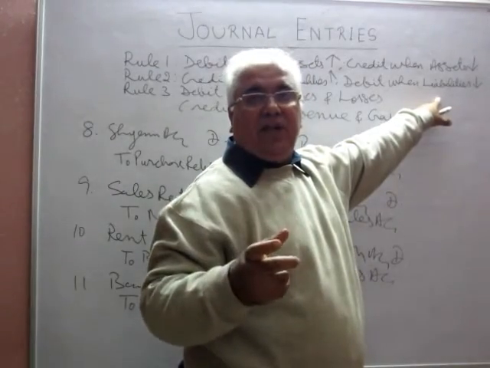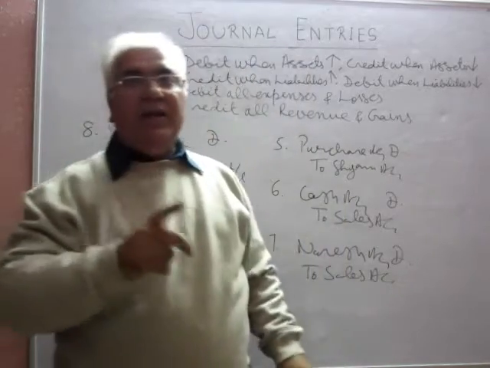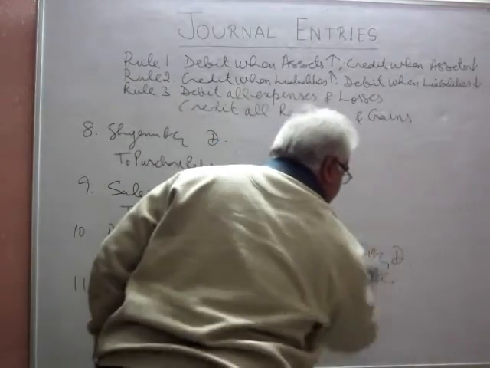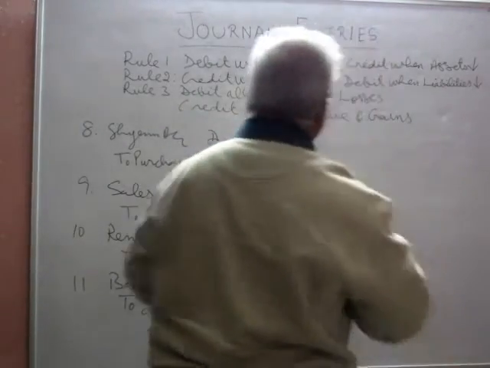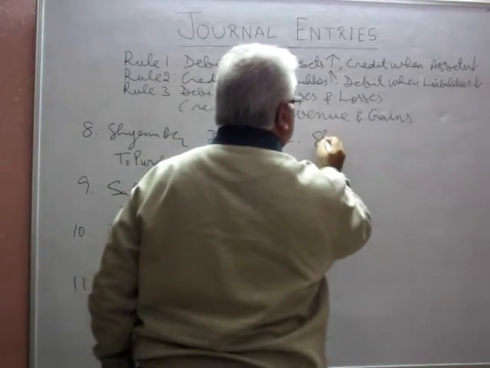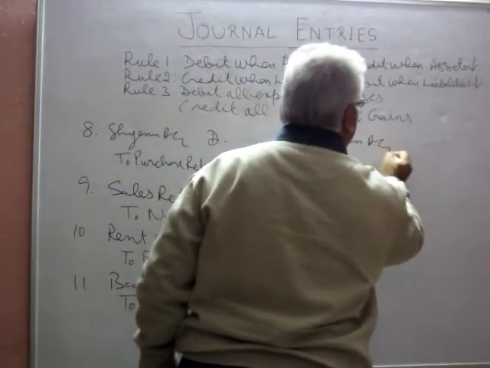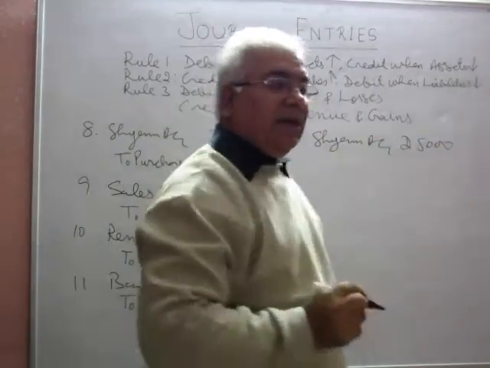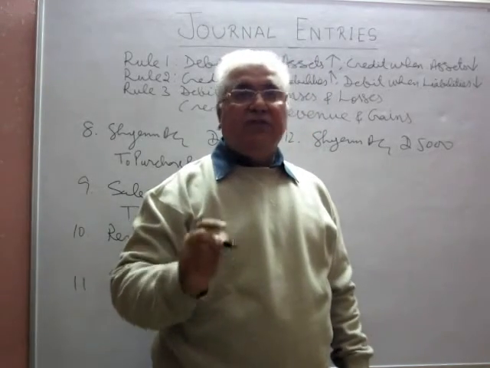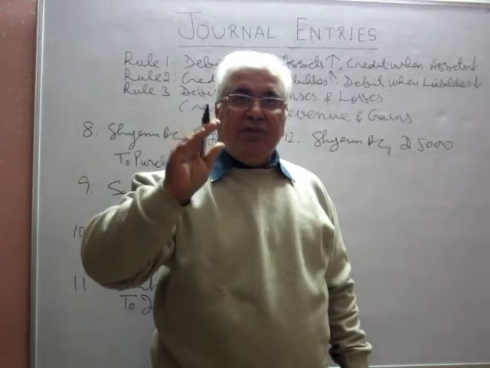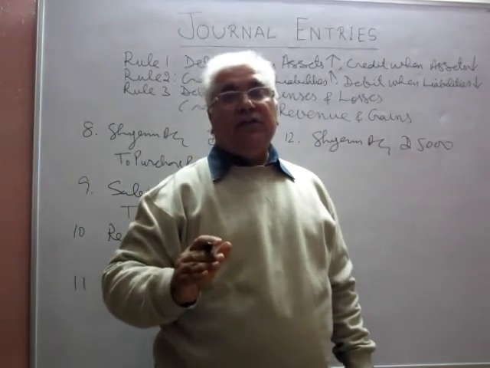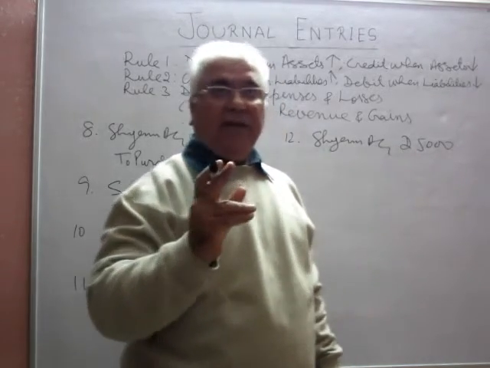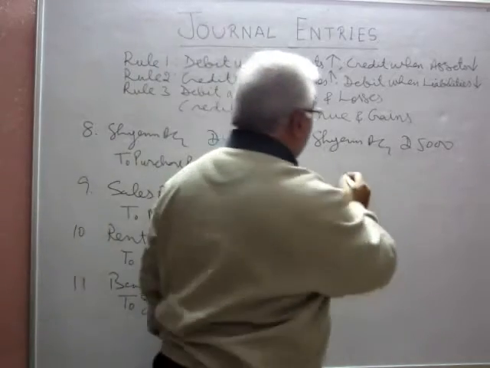So our liability to Shyam is decreasing, so Shyam account will be debited 5,000. And since we have paid only 4,500 to him, our cash is reducing by only 4,500. Cash being an asset account, when it is reducing, it will be credited. So cash account will be credited by 4,500 only.